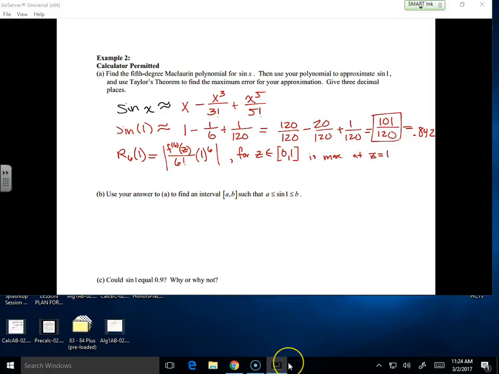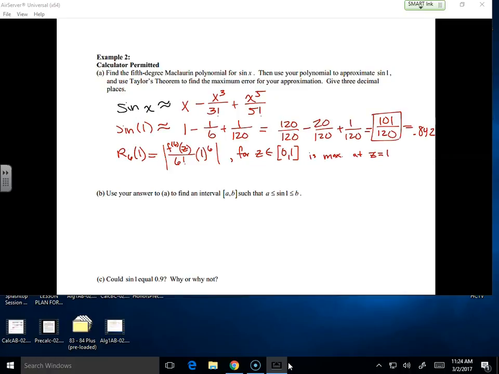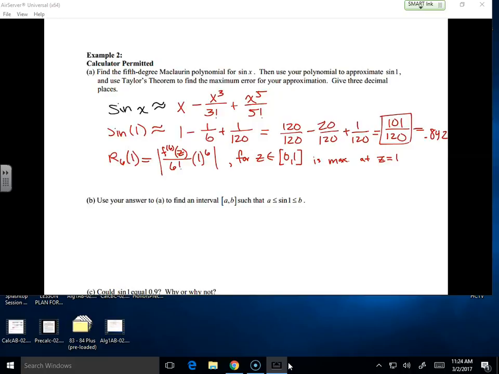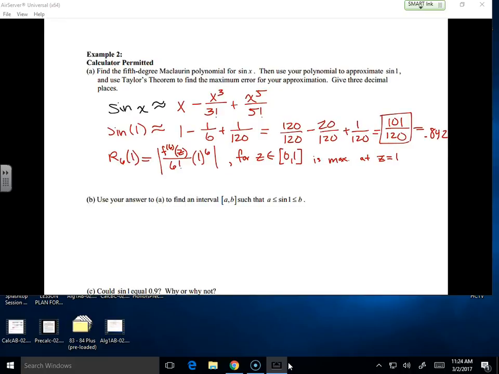The R. I'm doing a fifth degree, so then my remainder would be r sub 6. But why is it that we do... how do I word this?